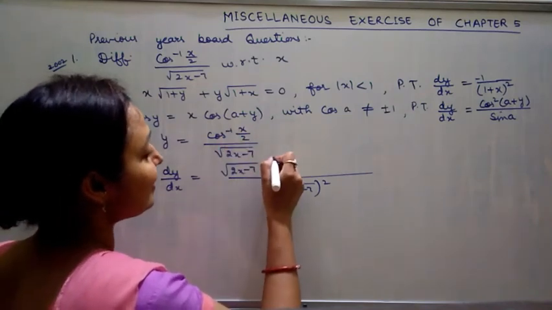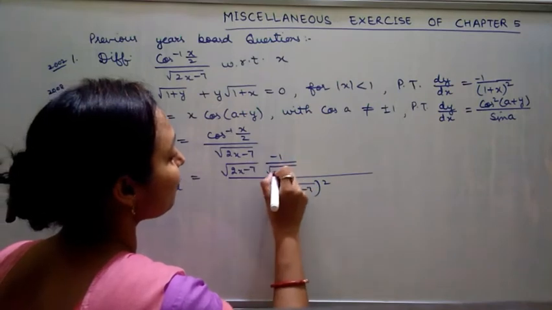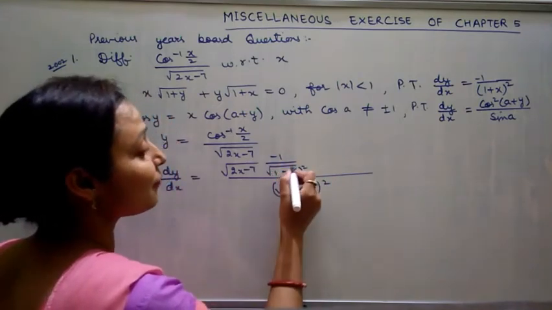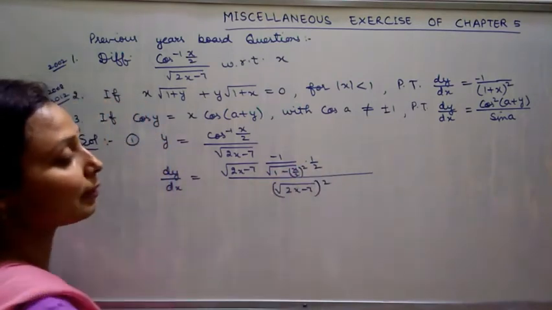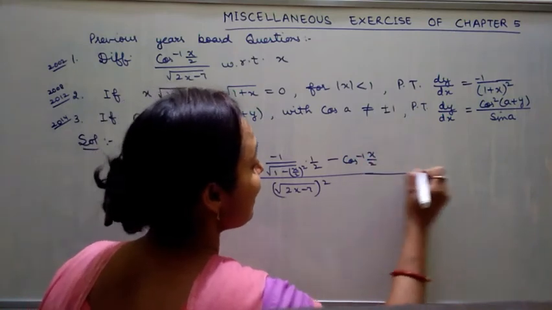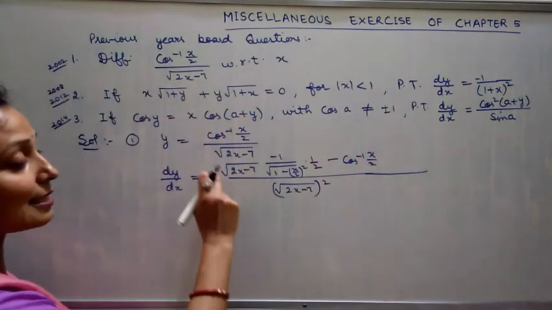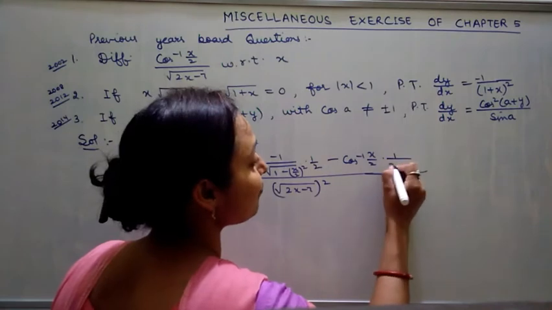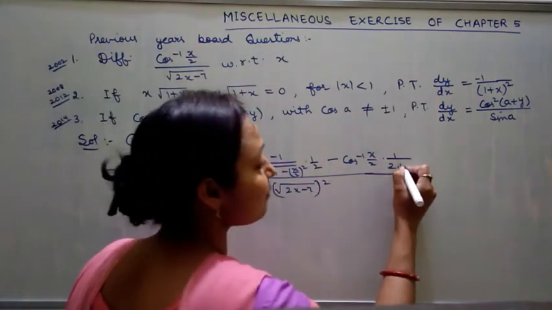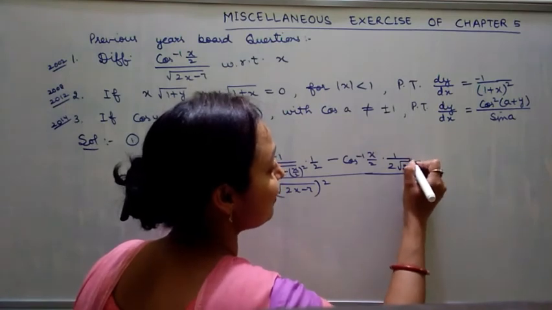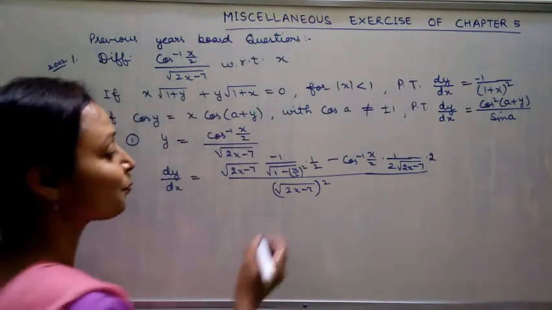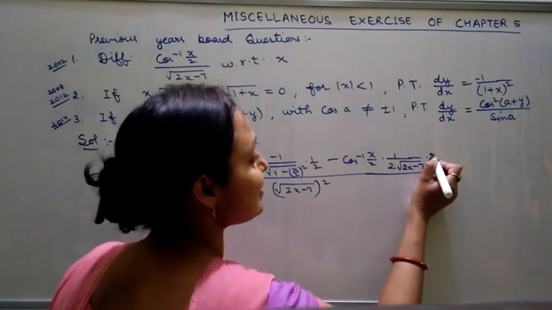Differentiation of this, that is negative 1 upon under root of 1 minus x by 2 whole square, right? And the further x by 2 is, that is 1 by 2, minus cos inverse x by 2 as it is, and the differentiation of this is 1 by 2, we have 1 by 2 raised to the power. When you subtract 1 by 2 minus 1, it comes in the denominator 2x minus 7, and further when you do the differentiation of this it will equal 2, and you can cancel this and this.